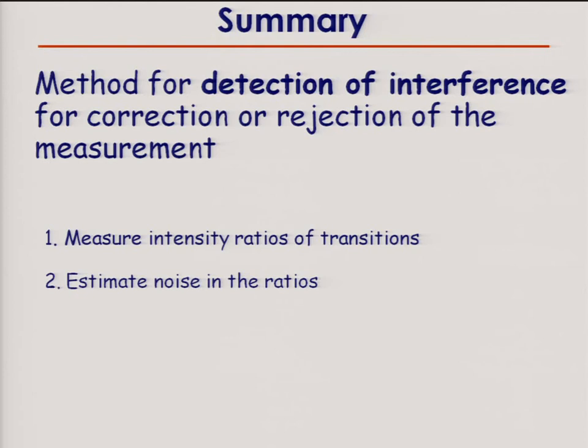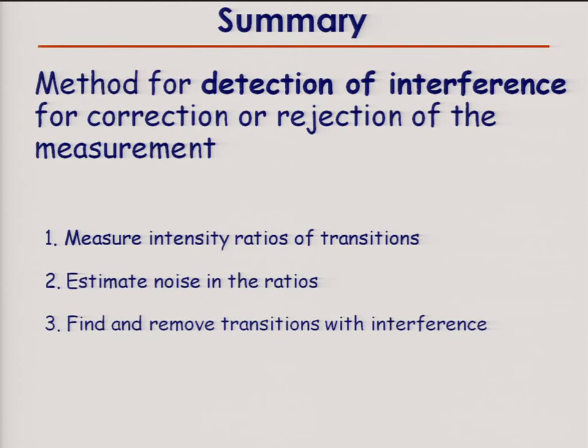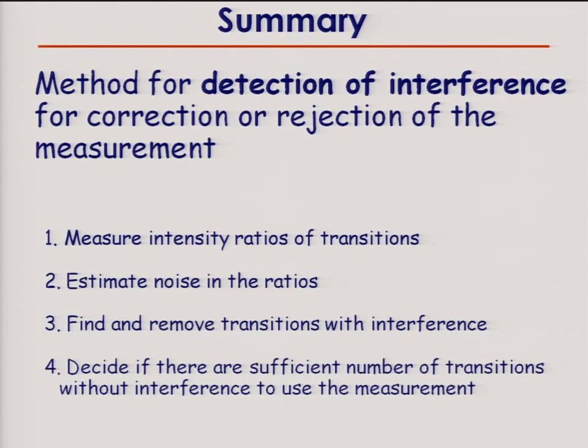But there are some problems with the estimate, and this is probably the most complicated part, to estimate the noise correctly. And then the next step is that one finds and removes the transitions that contain interference, and then decides whether there are enough transitions left to do the quantitation, or whether one should reject the whole measurement.